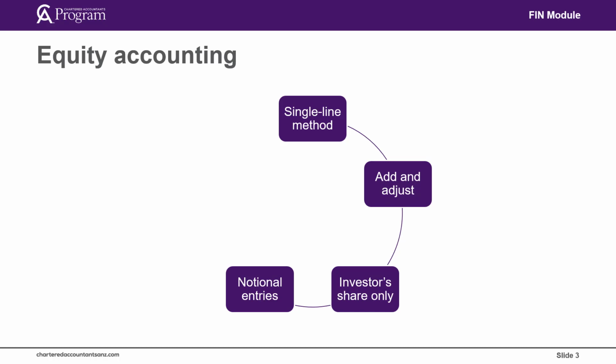These entries don't alter the general ledger of either the investor or the investee, which means the entries won't carry forward, so we need to repeat them every year. By now you can see that there are various similarities and differences between the equity method of accounting and consolidation. Make sure you watch the dedicated video where we compare and contrast equity accounting with consolidation in more detail.